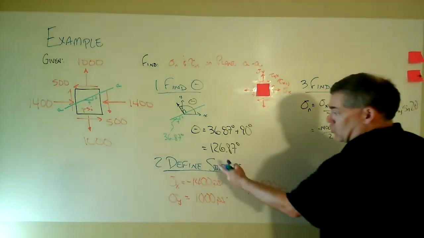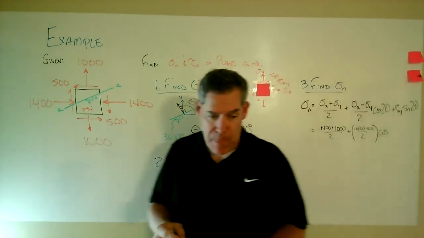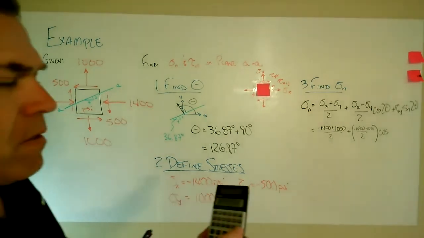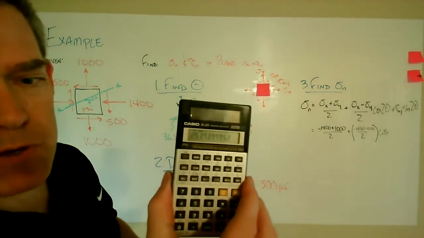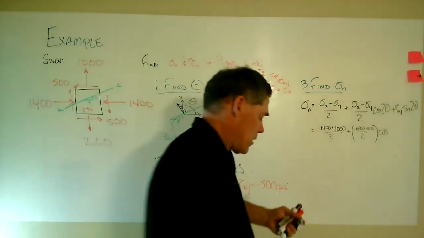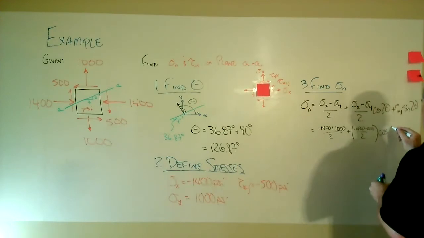So 2 times 126.87, which would be pretty easy to do, but there you go. I've got it in memory for you. That's 253.74 is what that angle would be.